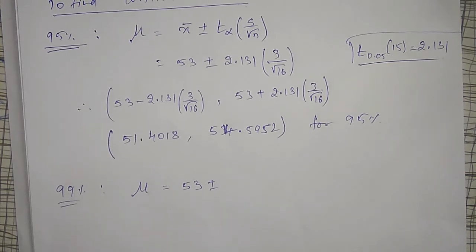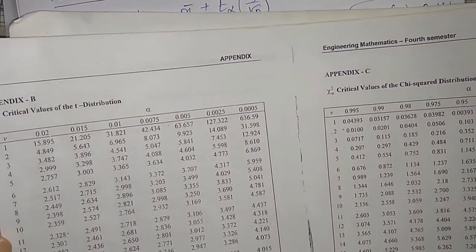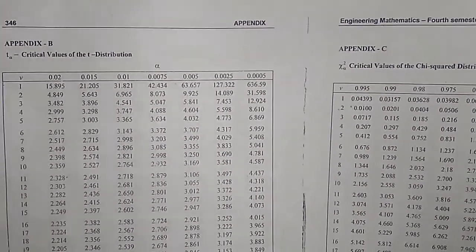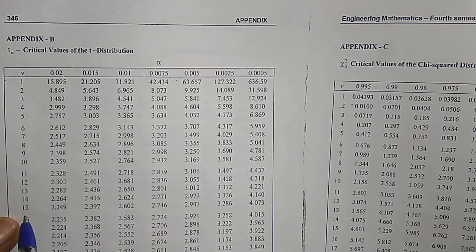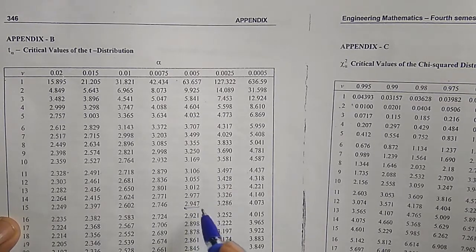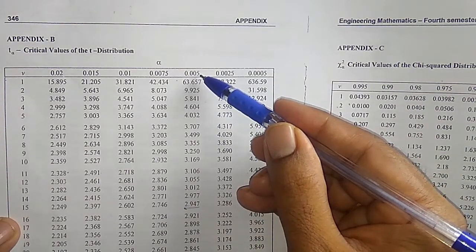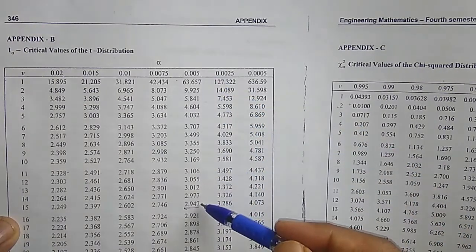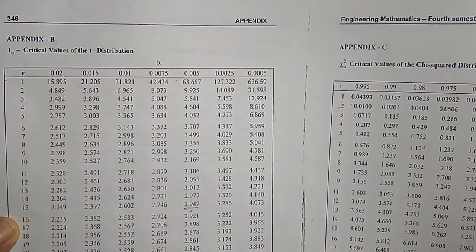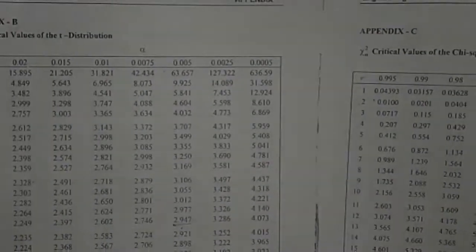Once again, for the 99% confidence limit, for 15 degrees of freedom, and for 1%, half of the 1% is 0.005, that column I have to check, because it is a two-tailed test. Therefore, 2.947 I have to take.